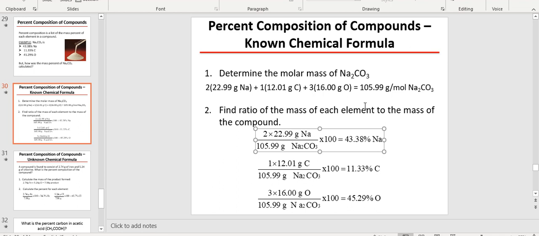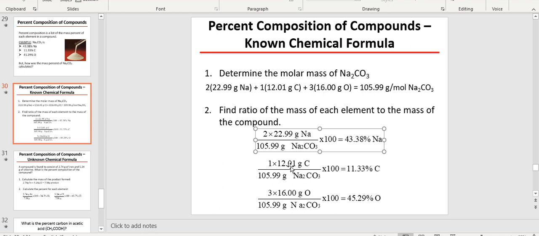Okay? And how many sodiums do you have? You've got 2. So 2 times the molar mass of sodium divided by the whole molar mass times 100% is 43. So that's how we know sodium is 43% of the weight or mass of this compound.